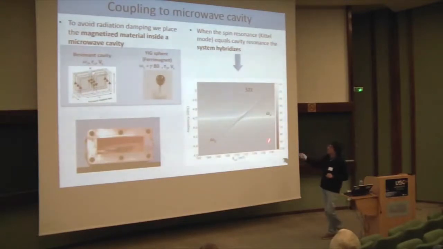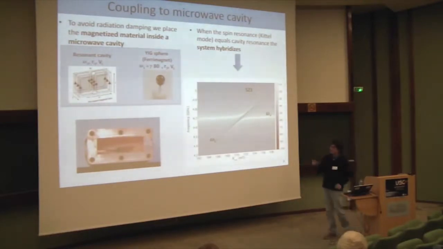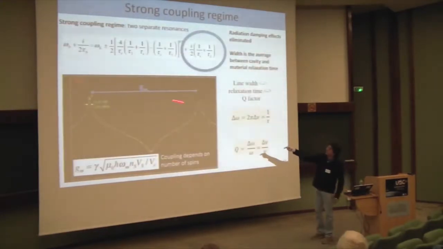This is a transmission plot of this kind of setup. So if you are injecting some radio frequency, you are measuring the output through two antennas. And you see that when your Larmor frequency approaches the cavity frequency, you have an anti-crossing. What is happening is that your single resonance that you should get here actually gets split into two.